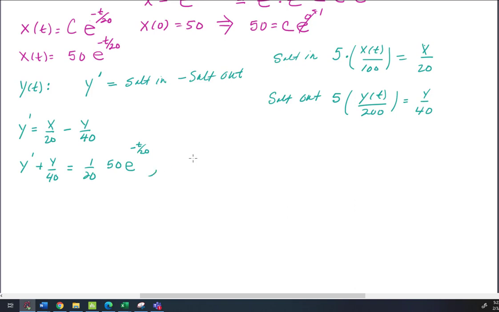And then let's clean it up right now. We'll get y prime plus 1 over 40 y is equal to, I think I'll just leave this 5 halves, 5 halves e to the negative t over 20. That looks pretty good.